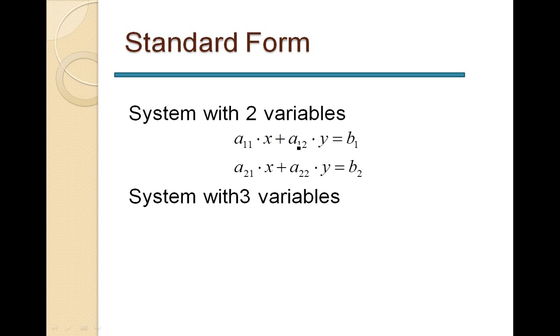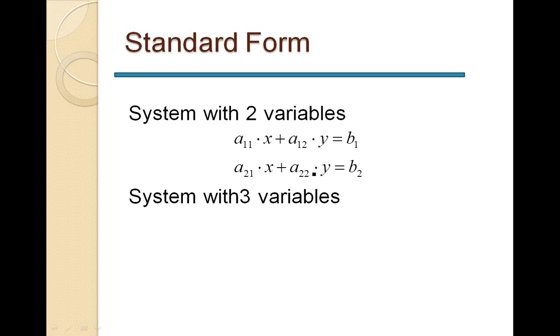Actually this is also in the first equation, so we have to have a 1 here, and these are in the second equation, and the second index tells you which variable this is. It's the first variable, and if you call the first variable x, this is x, and this is the coefficient of the second variable in the first equation.